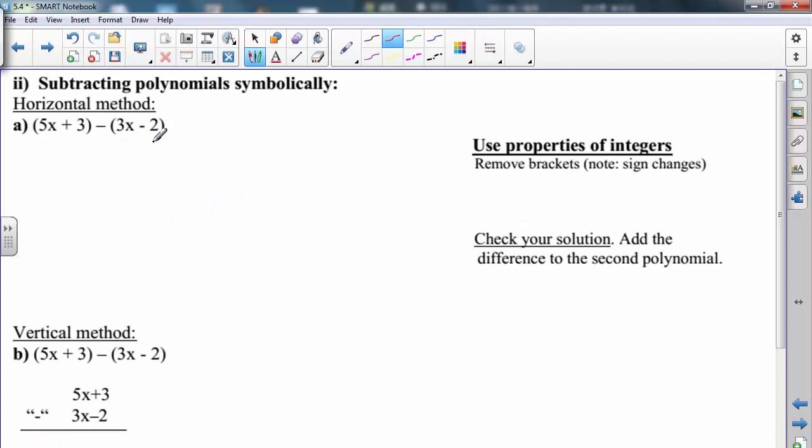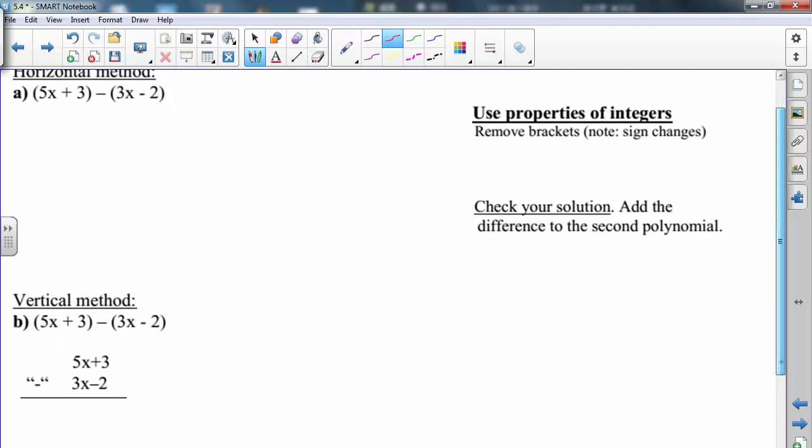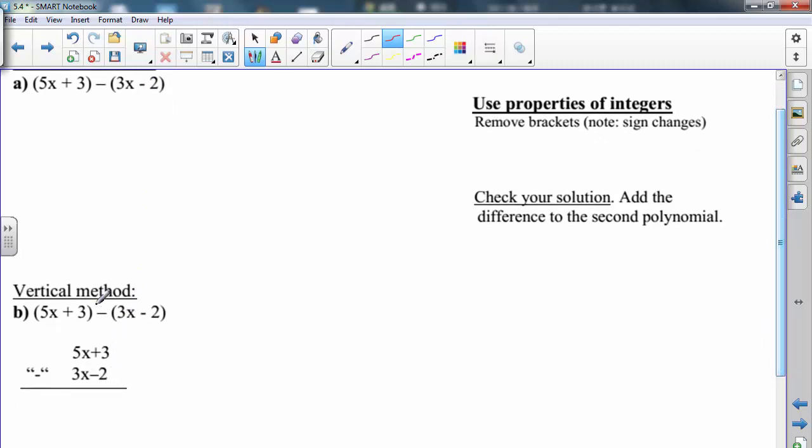Let's look at how we can subtract these two polynomials symbolically. Like adding two polynomials, we still have two different methods. One is a horizontal method, the other one is a vertical method. For the subtraction, I would like to start with the vertical method. Like adding polynomials, when you put two polynomials in a vertical format, you need to align the like terms. 5x plus 3, you put in the first row.